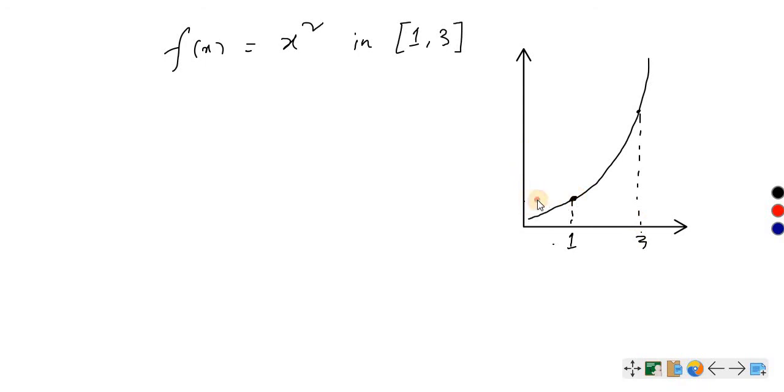Here the value of the function will be f of 1, and here the value of the function will be f of 3. This is the y-axis, this is the x-axis. The average value will be given by the slope, as I have said. So this is my slope.